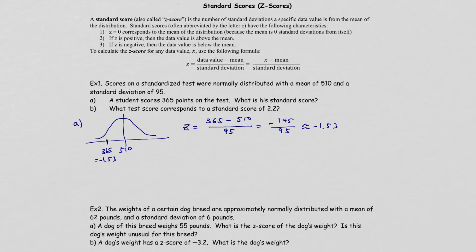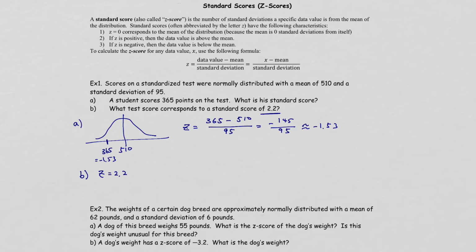The second one is asking what test score corresponds to the student's z-score of 2.2. So this is going the other way around, right? So for B, this is going to be your z-score, the standard score. So if the z-score is 2.2, you want to find out what the actual test score was, right?